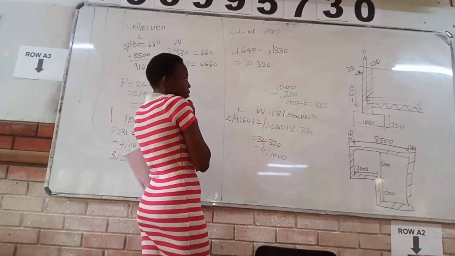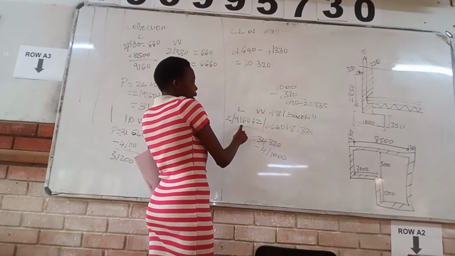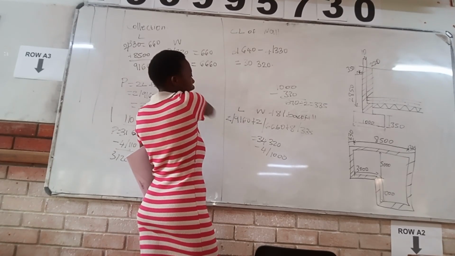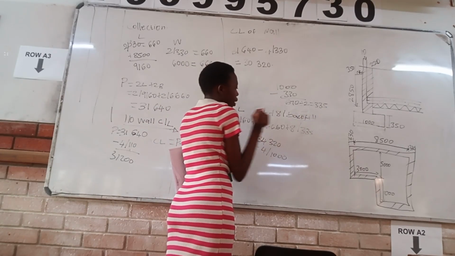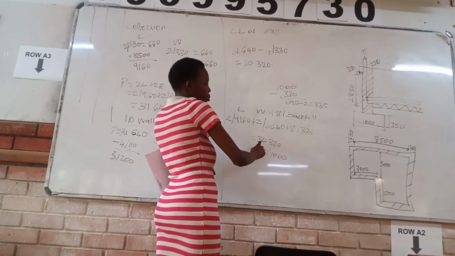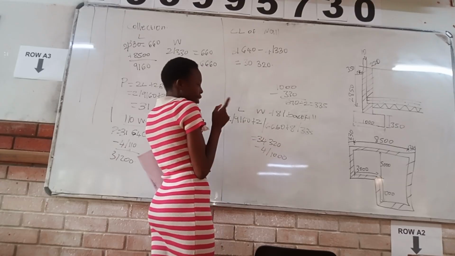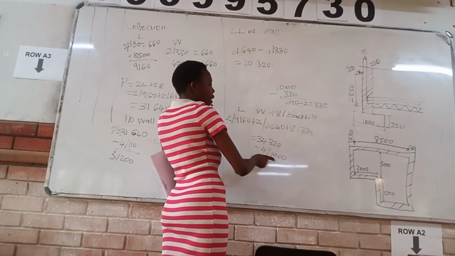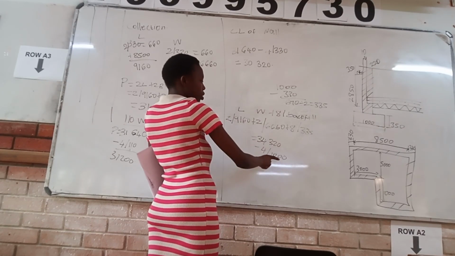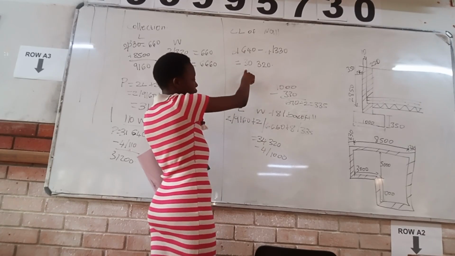To get the center line for the footing, we say 2 times the length, plus 2 times the width, plus 8 of backfill. We got the perimeter to be 34,320. To get the center line, it's the perimeter, 34,320, minus 4 thickness of the footing, which is 1,000.